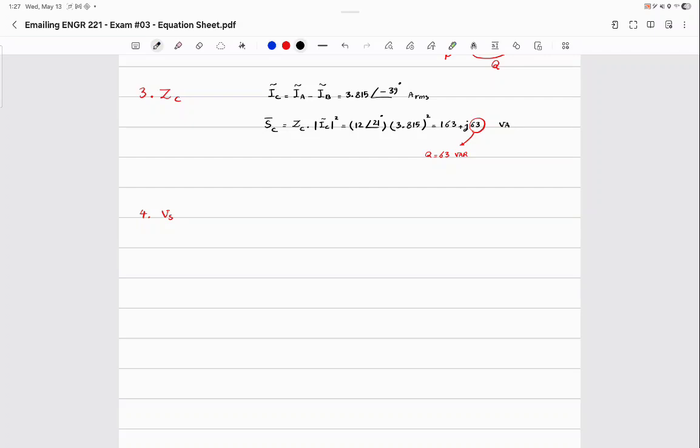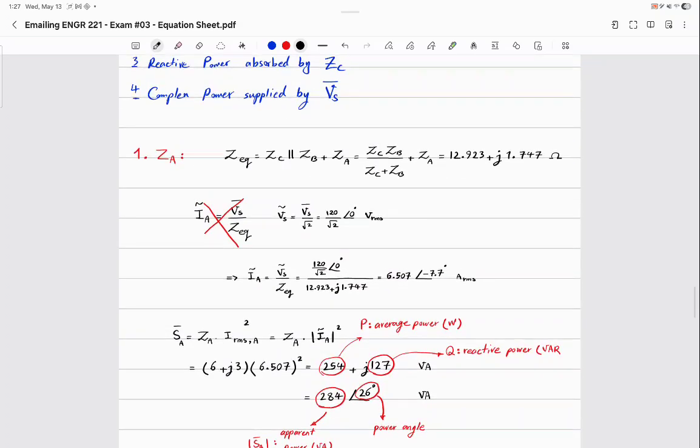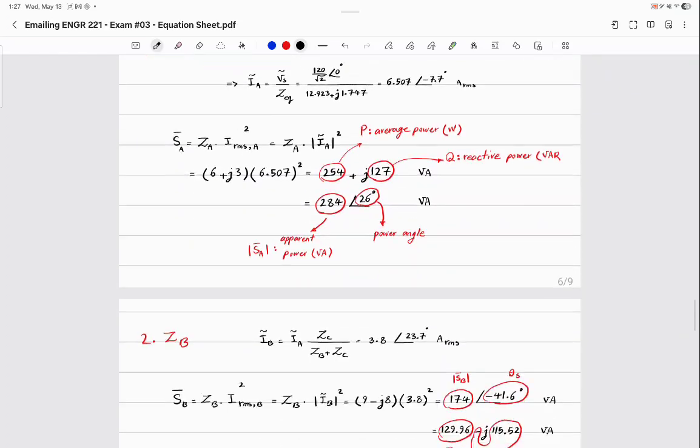So remember, this is S bar. I'm going to write Vs here so you know that the complex power is calculated for the voltage source. It's equal to VRMS times IRMS with the angle theta V minus theta I. So you have everything. The first one is 120 over root 2. The second one is 6.5.